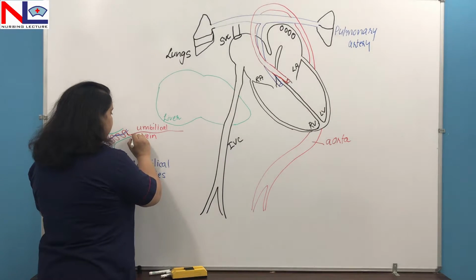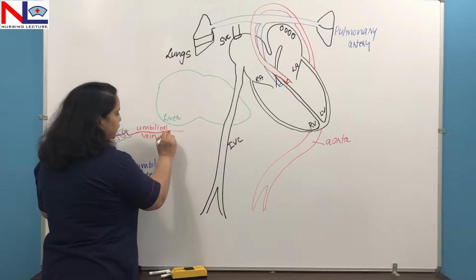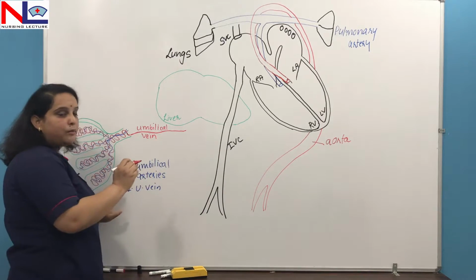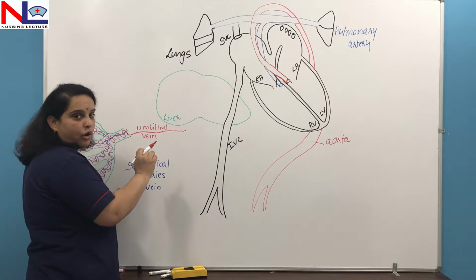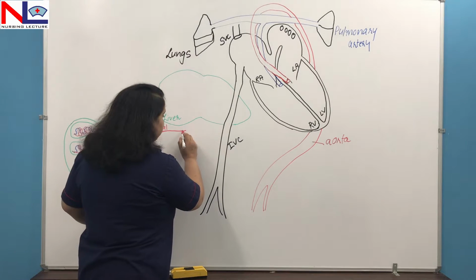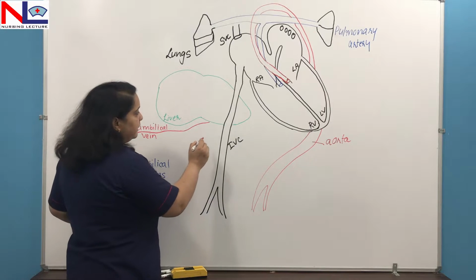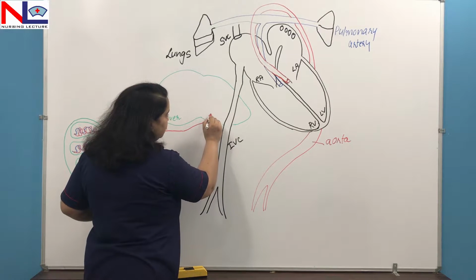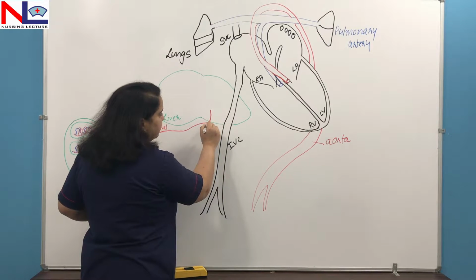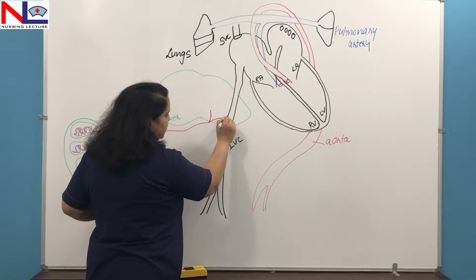So this umbilical vein enters the body of the fetus through the abdominal wall by the route of the umbilical cord. Okay, and it runs transversely across the liver, and here it bifurcates into two divisions.